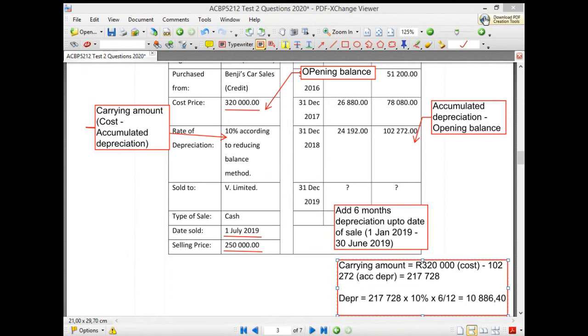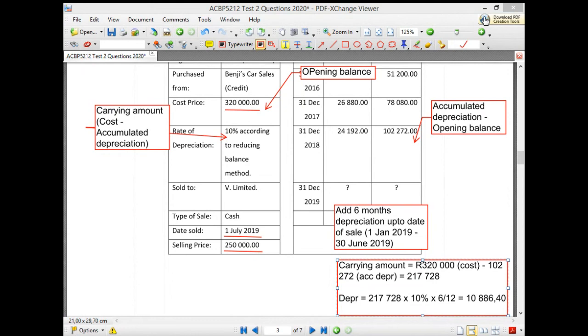So if we have a profit and loss, we know the selling price is 250. Okay, then we know the accumulated depreciation before we even took into account the current year's depreciation. Was that, and our cost price was 320.